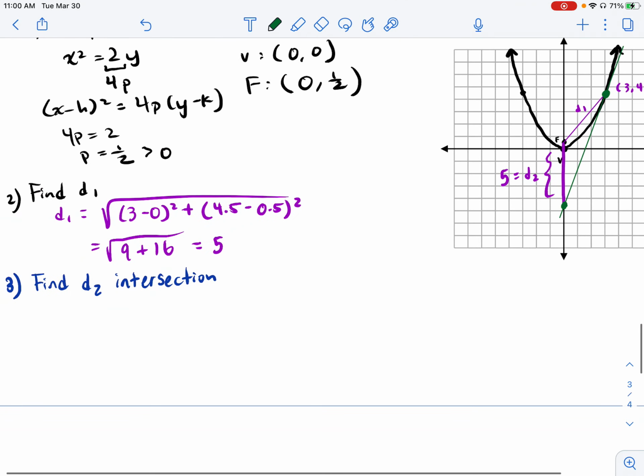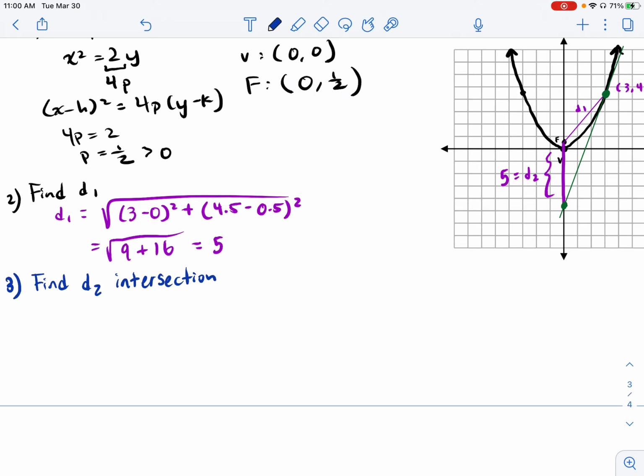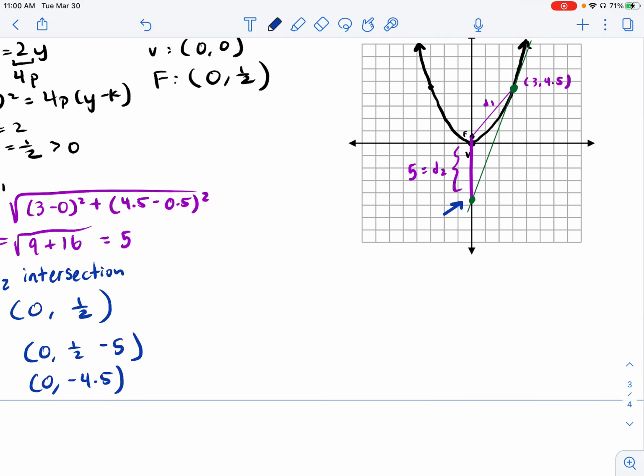So let's find that. So that D2 intersection, where was that? We said if I know that my focus was (0, 1/2), that means if I subtract 5 from 1/2, then that's going to be this point down here, right? Down here, that's that point. So that would be (0, -4.5). So this point here turns out it matches out really well.